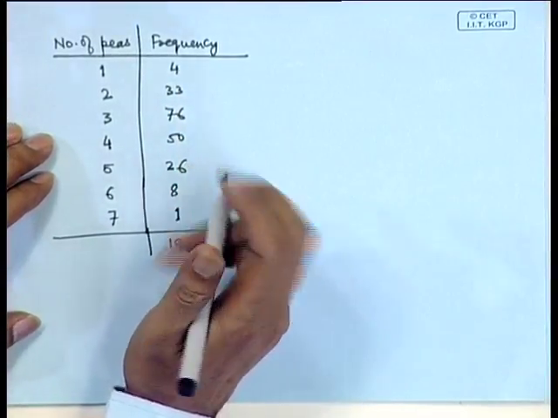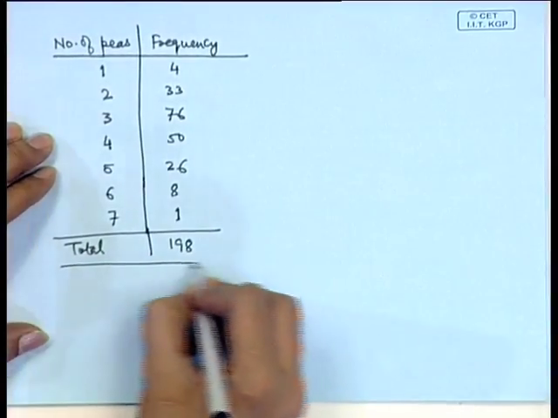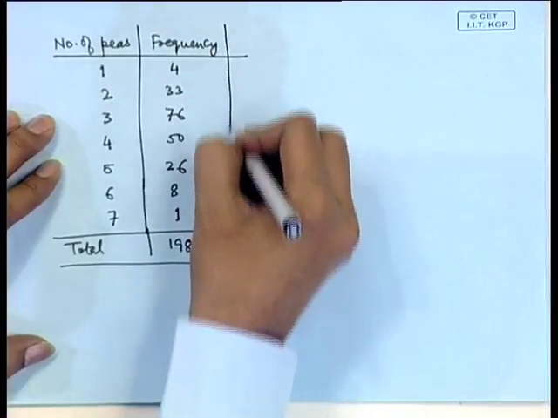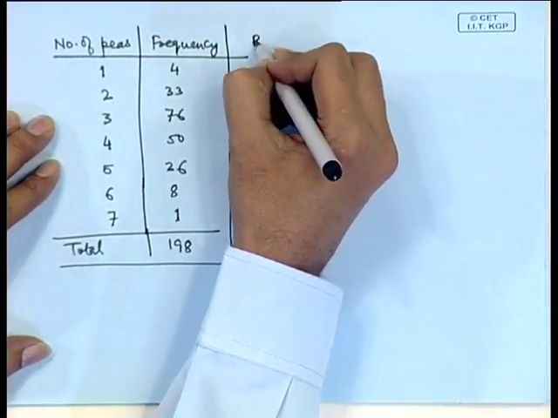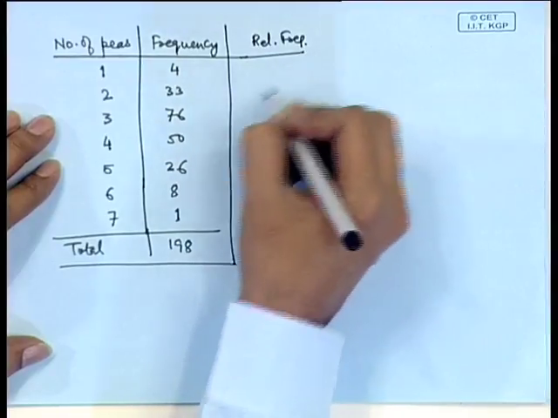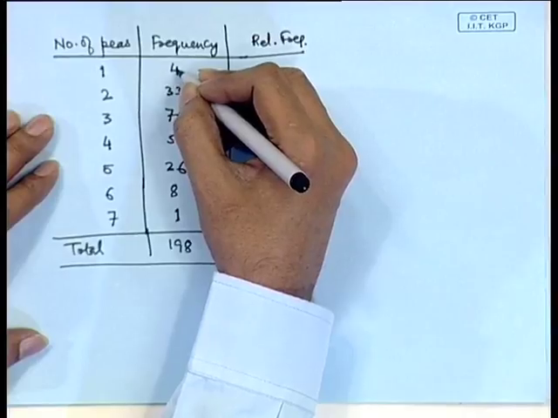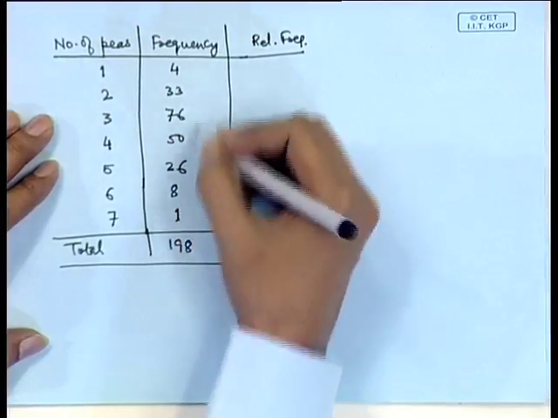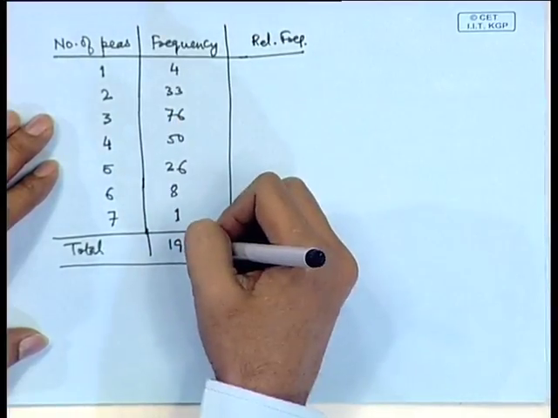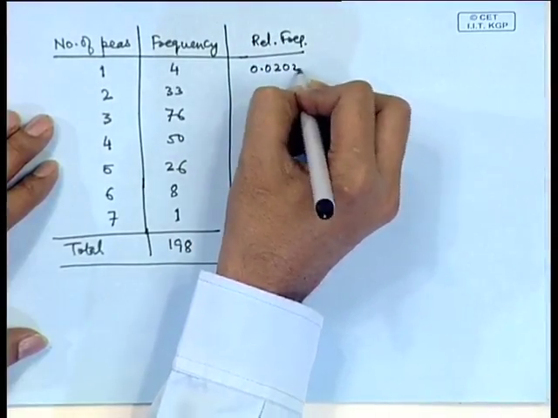Now, one may present this data in various forms. One may look at relative frequencies here. By relative frequency we mean the percentages or the proportion of each number in the total. So, for example, how much is 4 of 198? It is nearly 0.0202.